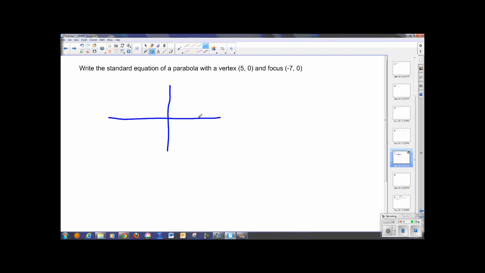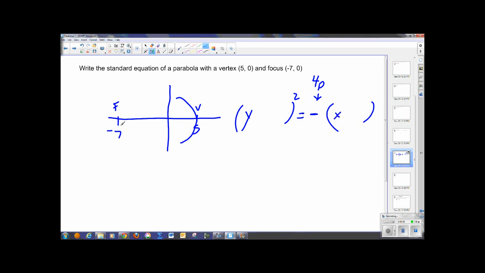So if my vertex is at (5, 0) and my focus is at (-7, 0), then I know this parabola has to open to the left, which means that I have some y squared function. I'm going to have to input my 4p term right here, and I know that that's going to have to be negative. And then I'll have my x value right here.